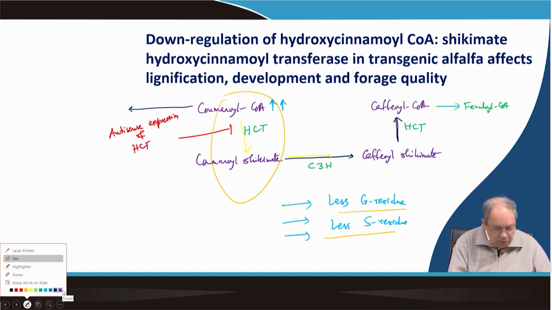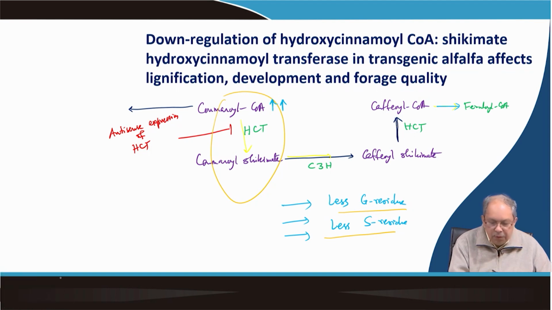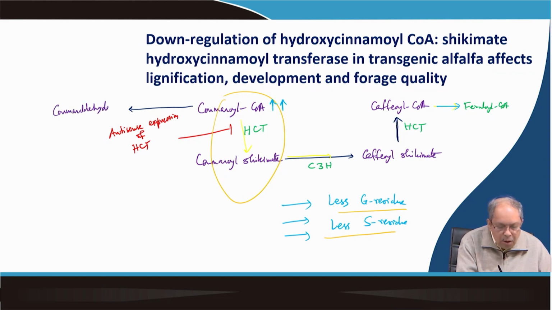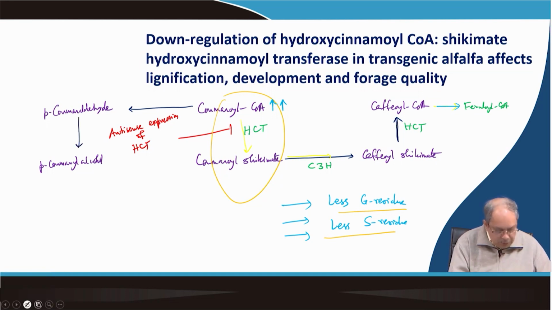If the paracoumaroyl CoA level is enhanced, there may be a possibility that the pathway may move in the direction which contributes to the formation of coumaraldehyde and eventually paracoumaryl alcohol. So, once it is accumulated, it is possible that this pathway flow moves in this direction.